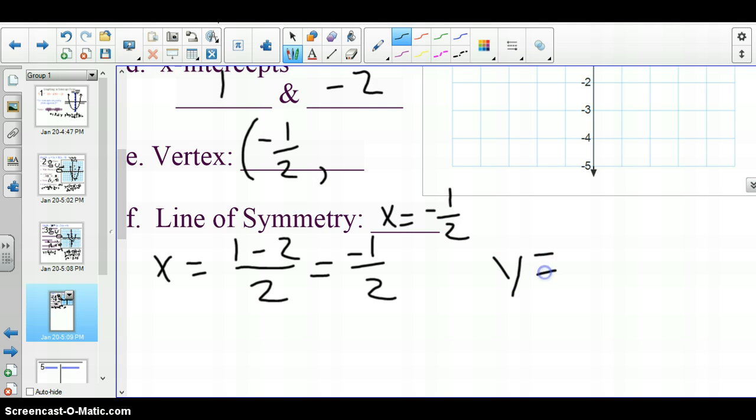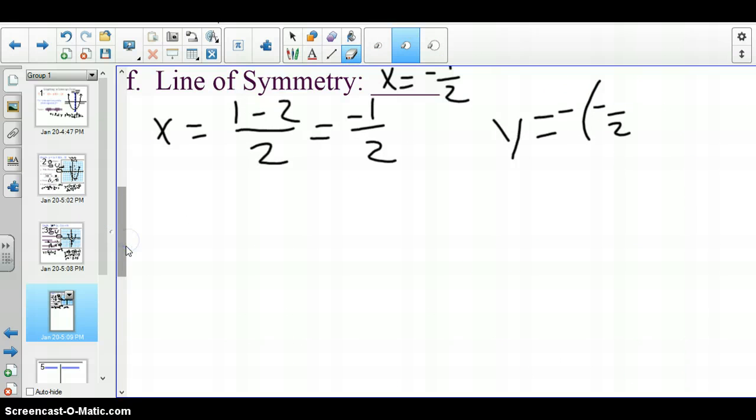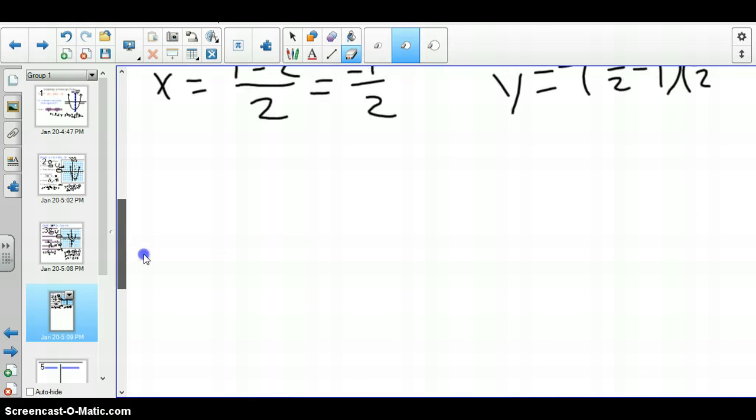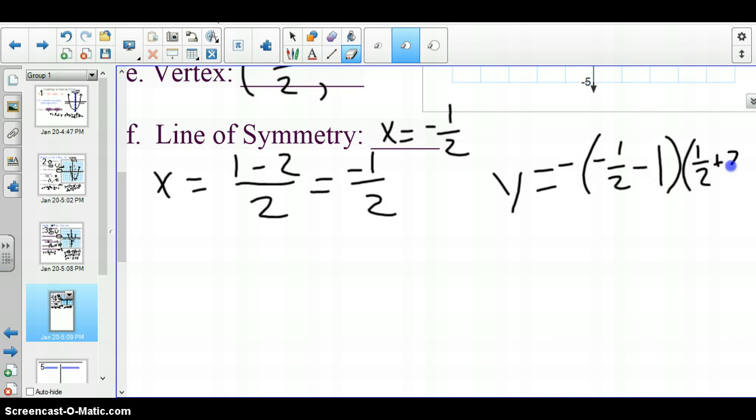Plug that number in to find the y of your vertex. So negative, parentheses, negative 1/2, minus 1. Then 1/2 plus 2. So negative times negative 1.5, and then 1.5.